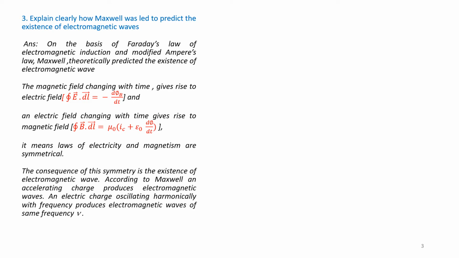It means laws of electricity and magnetism are symmetrical. So, a changing magnetic field produces an electric field and a changing electric field produces a magnetic field. The consequence of this symmetry is the existence of electromagnetic waves.